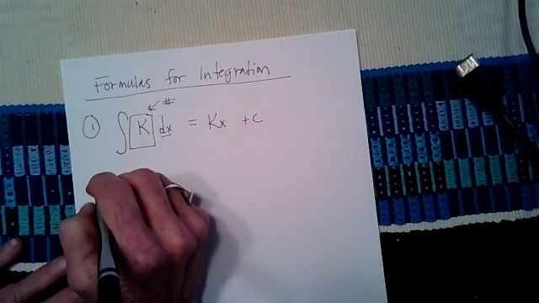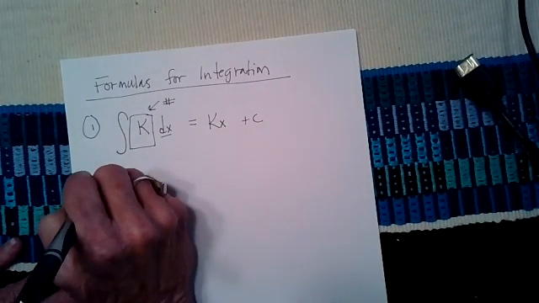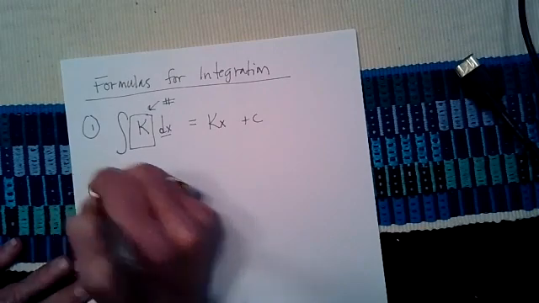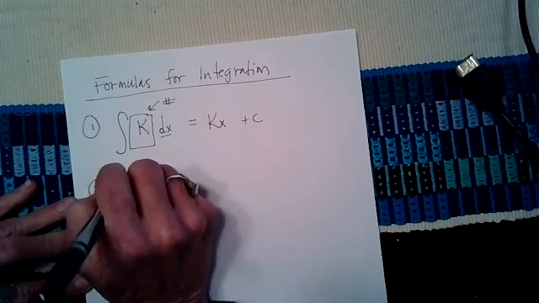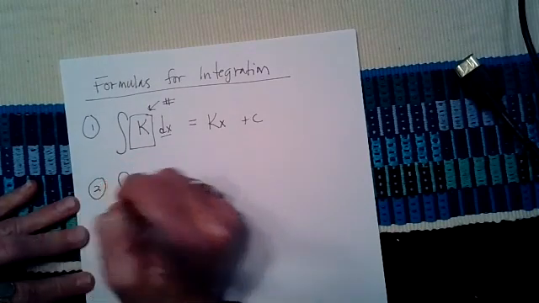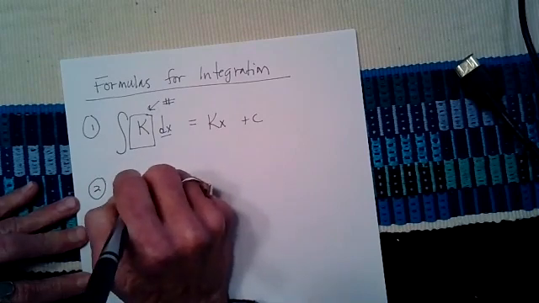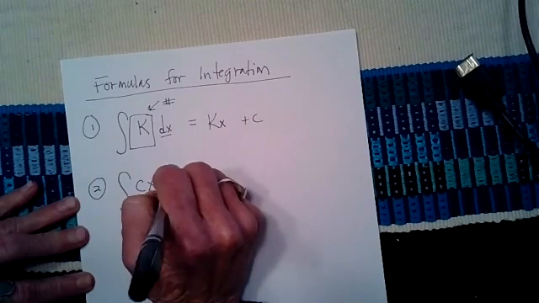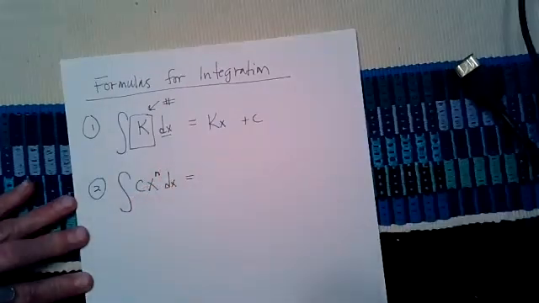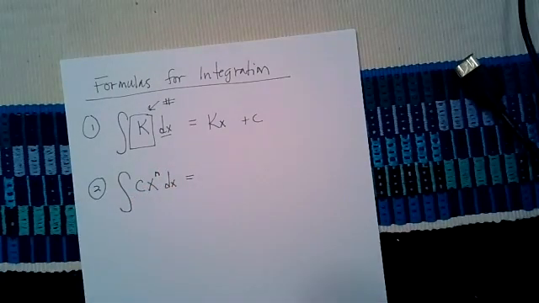Rule 2 is the power rule. We use the power rule the most for derivatives, okay? So if we have the integral sign and a constant times x to the nth power, dx, this is my derivative.